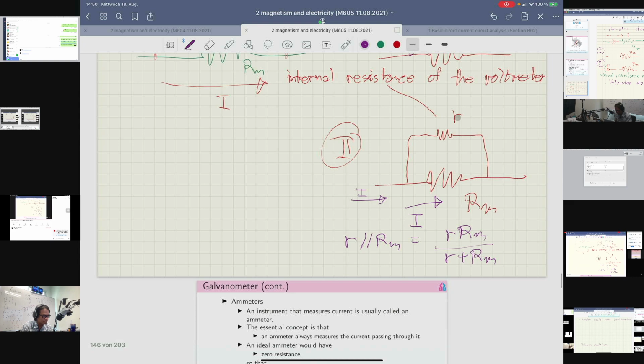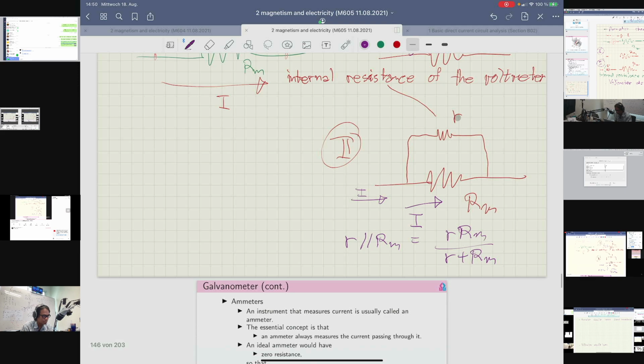The voltage in this case, V in the second state, is equal to I times r Rm divided by r plus Rm. Here you can see that V in the second state is not exactly the same value as the one in the first state.